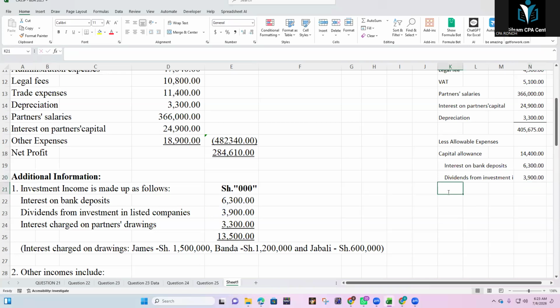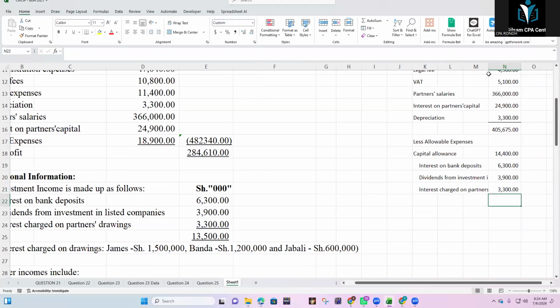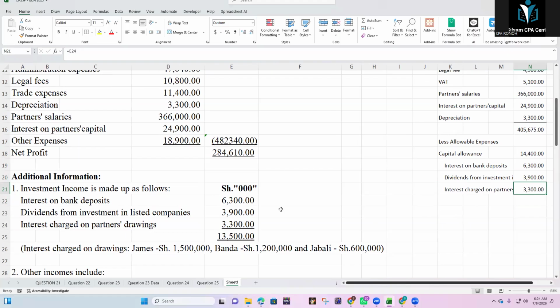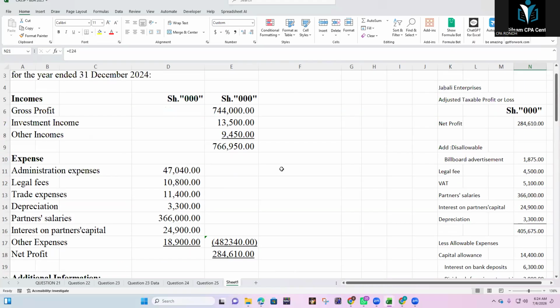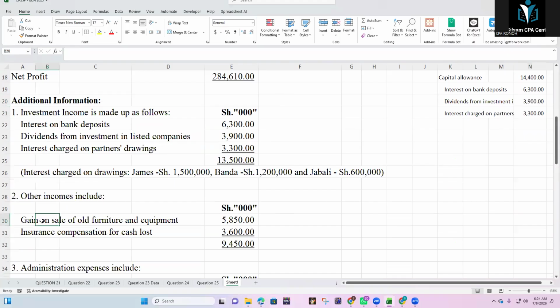Interest on partners' drawing. That one also is a specific source. Subtract that one. And that now will give us the total, because what about the investment income? They have not specified, or they have given us the breakdown.